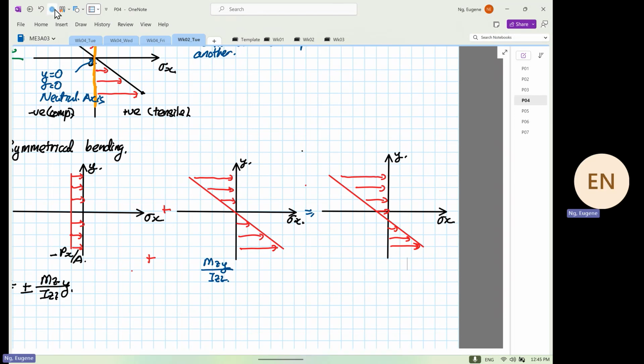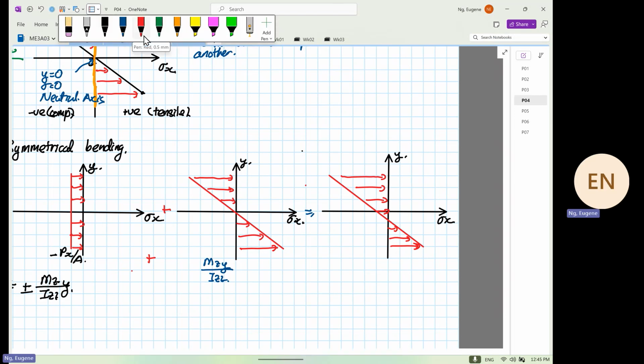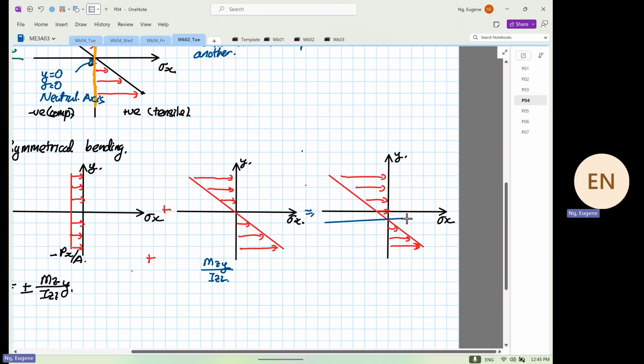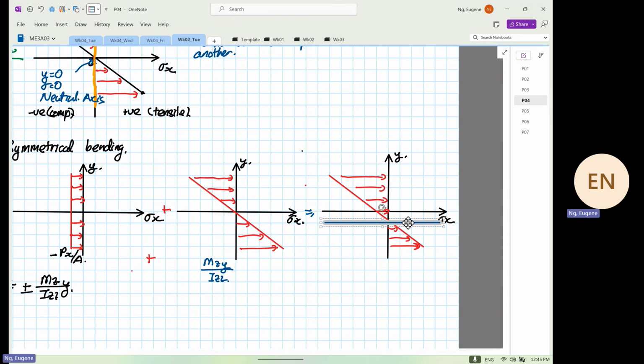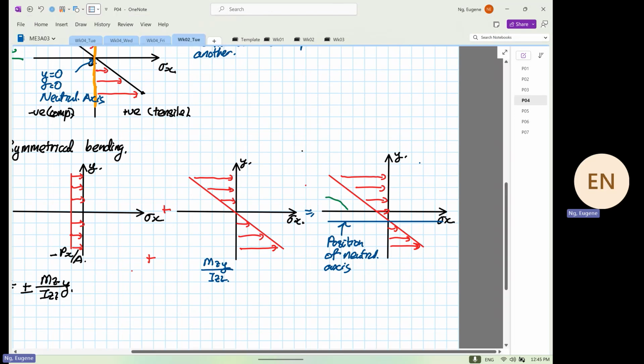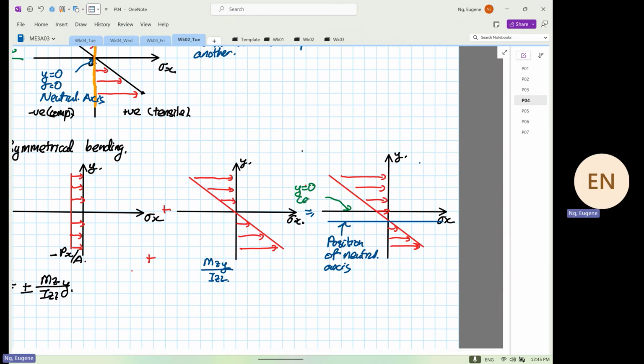So now the position of our neutral axis has shifted. So now this is the position of our neutral axis, whereas the line over here, where y is equal to 0, this is the what?